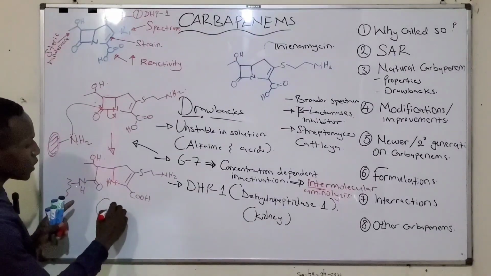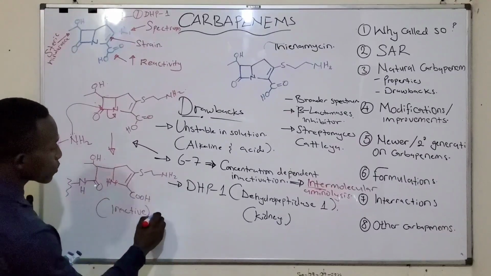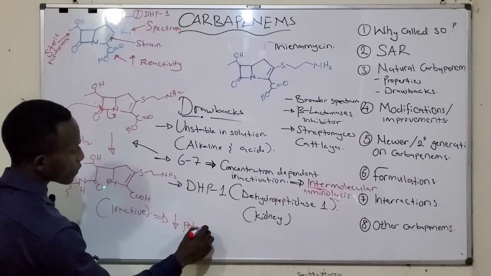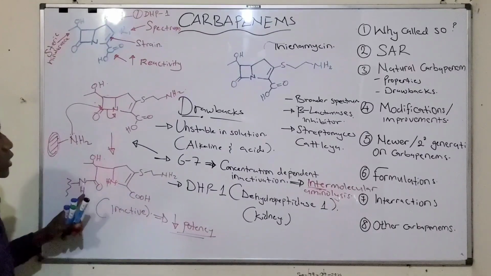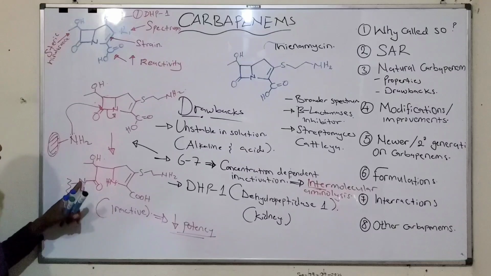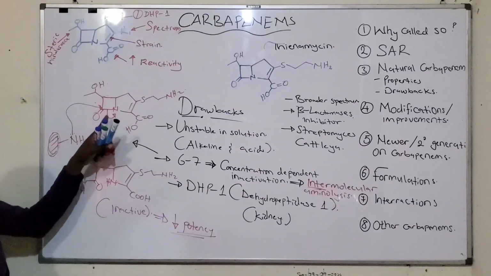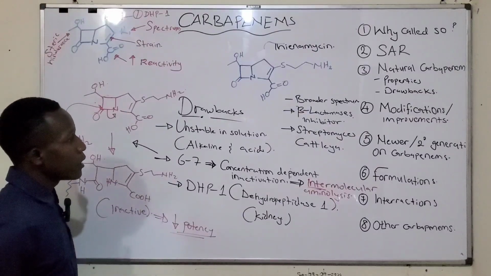So this one is inactive. So at higher concentration, there is reduced potency. Potency is reduced due to intermolecular aminolysis. This amino group acts as the nucleophile, attacking the beta-lactam ring, leading to its opening, and the drug is inactivated.